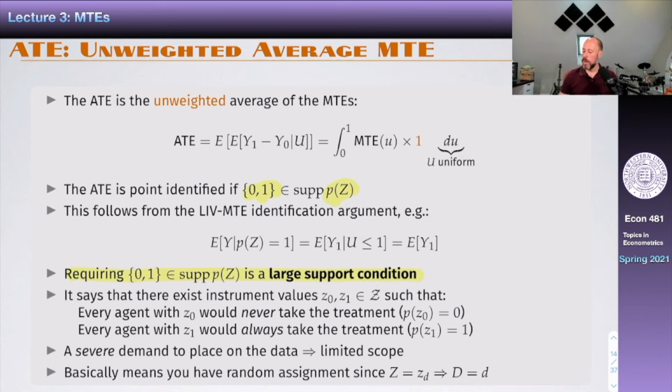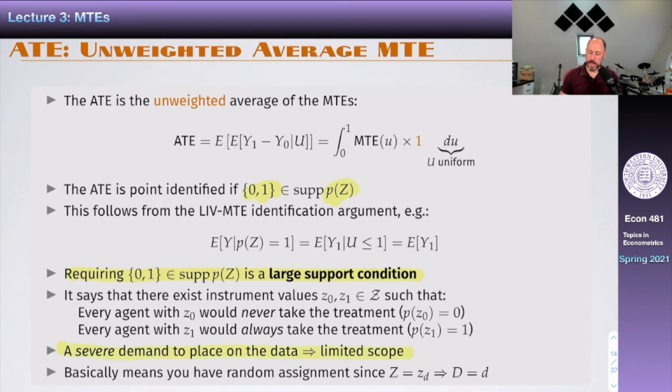It essentially means that you have random assignment, because you set Z equal to Z0, you get D0. You set Z equal to Z1, you get D1, right? And so you can assign people to treatment and control. This is a severe demand that you place on the data.